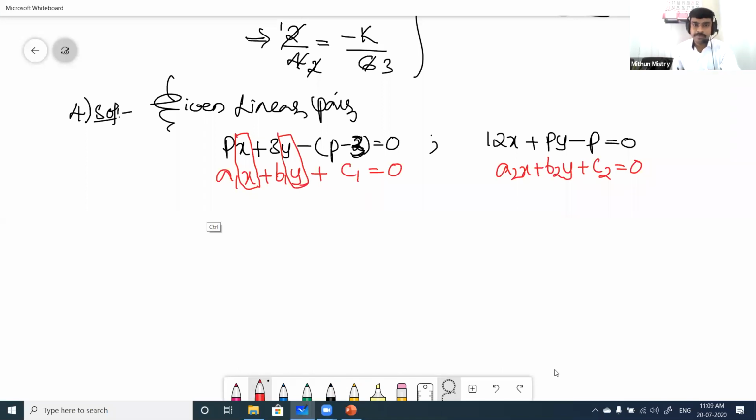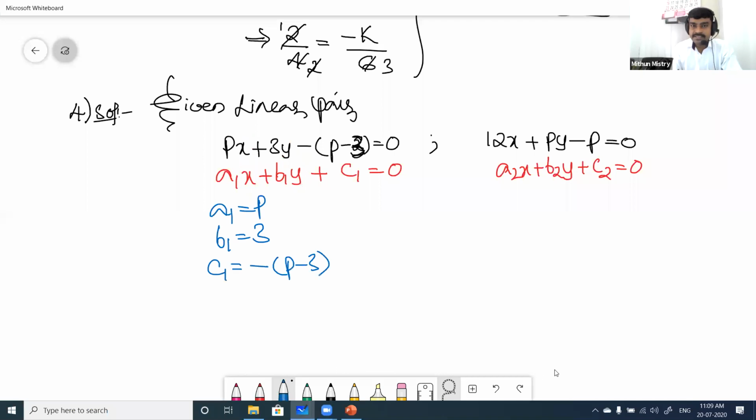So presently I will be writing like this. A1 is P, B1 is 3, and C1 is minus P minus 3. If you don't put this minus, C1 is the complete constant. Similarly, here A2 is 12, B2 is P, and C2 is minus P.